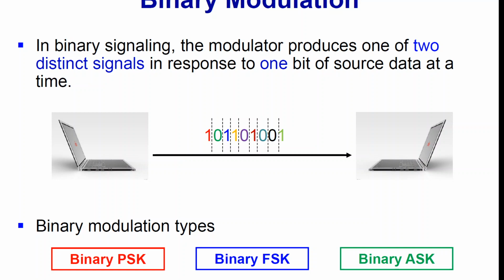In binary FSK, as the name suggests, we are using two frequencies to represent binary 1 and binary 0. And in binary ASK, you will be changing the amplitudes of a sinusoidal carrier signal, or you will be using two different amplitudes of the sinusoidal carrier signal, one amplitude for 1 and another amplitude for 0.